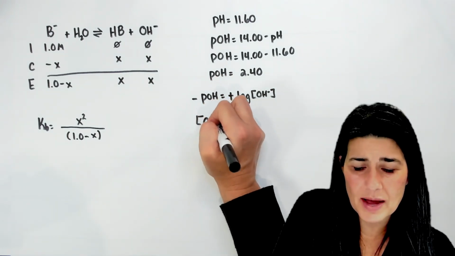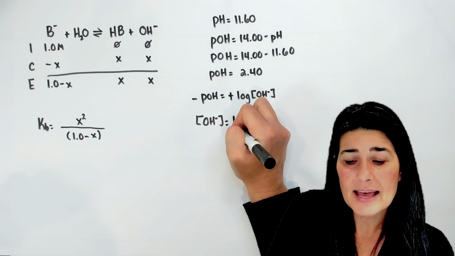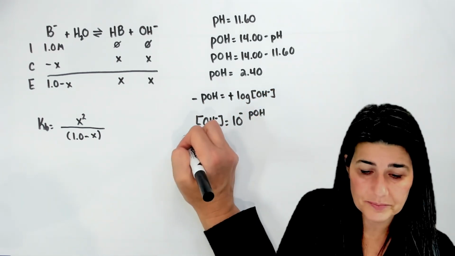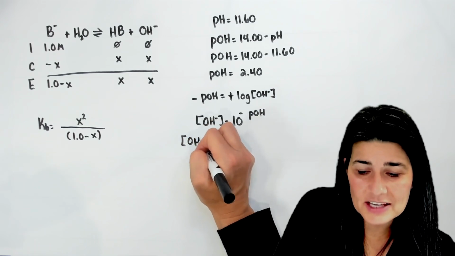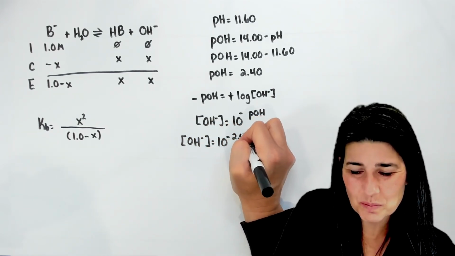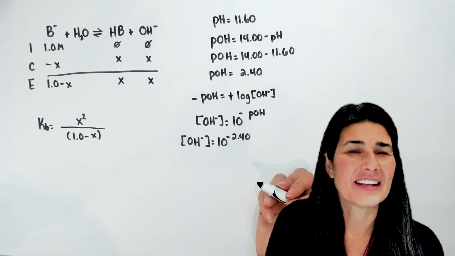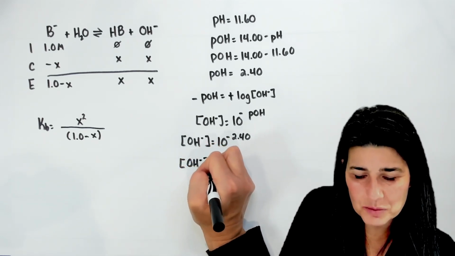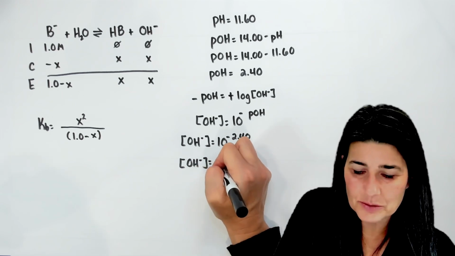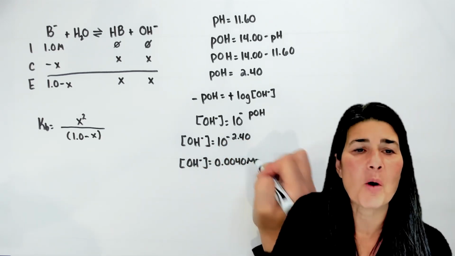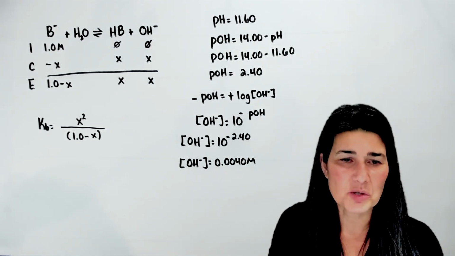So the OH minus is 10 to the negative pOH. OH minus is 10 to the negative 2.40. And if we go ahead and solve for the OH minus, we get 0.0040 molar for my OH concentration.